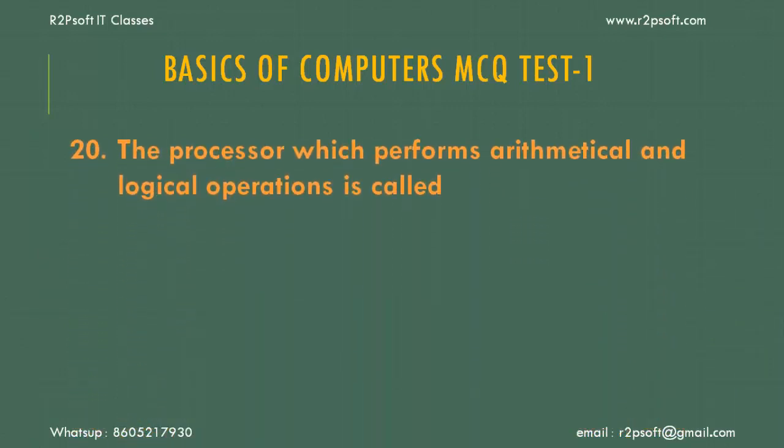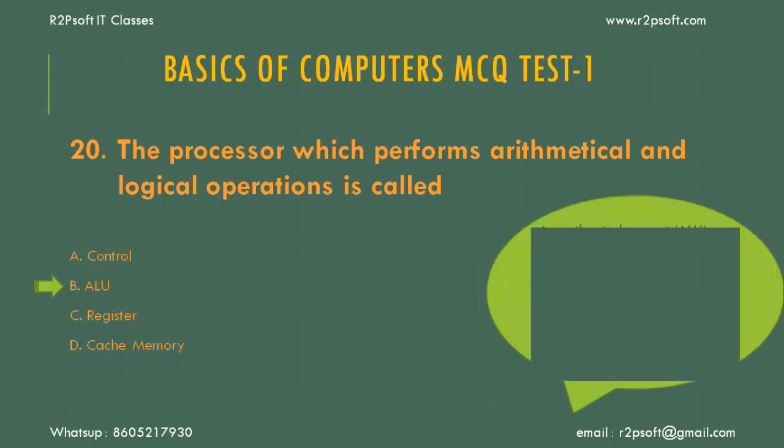20. The processor which performs arithmetical and logical operations is called A. Control, B. ALU, C. Register, D. Cache memory. Answer is B. ALU.